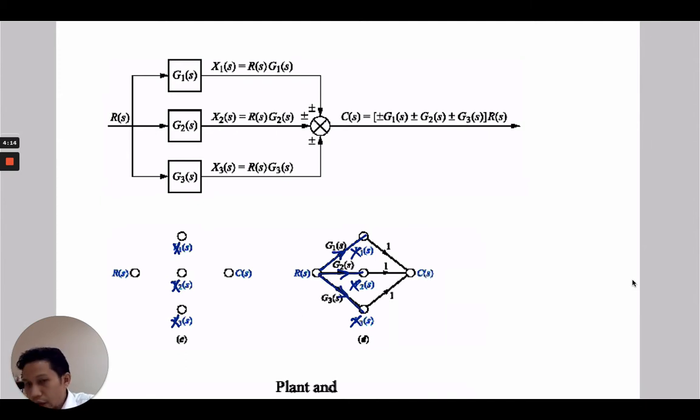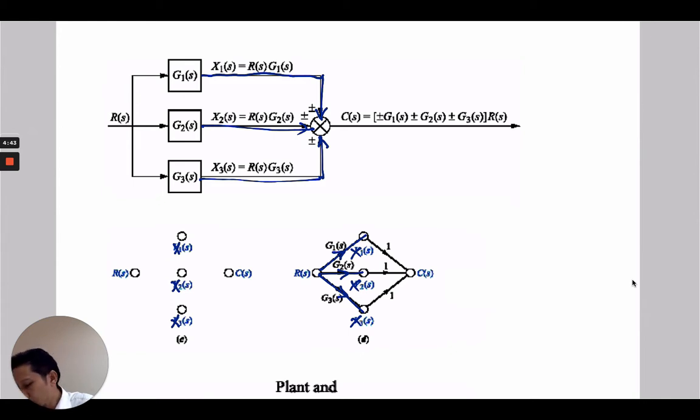Okay, and then we have a summing junction here. Let's see here. There is an arrow from the signal from the system G1. We have an arrow that goes into the summing junction. We have another arrow, and we have another arrow here. So we can represent the arrow here with 1.